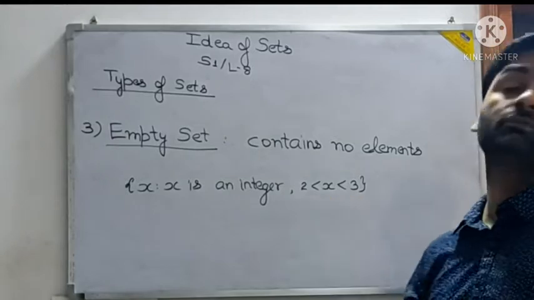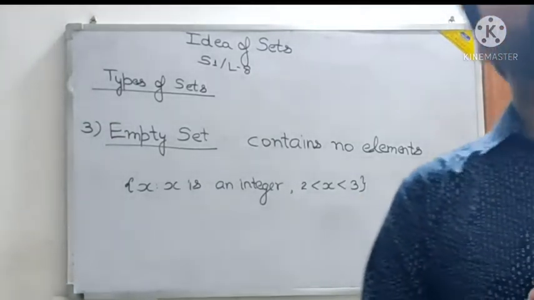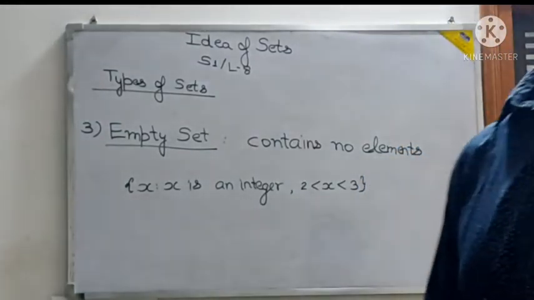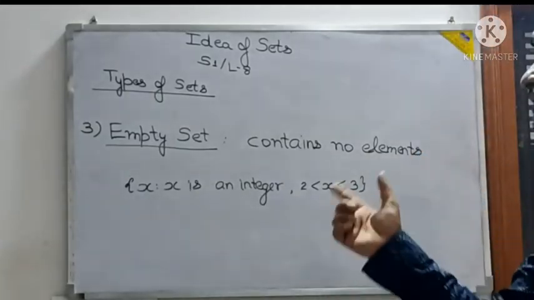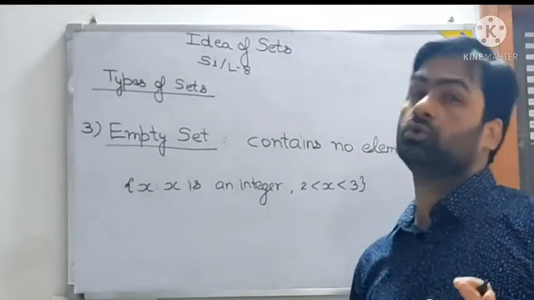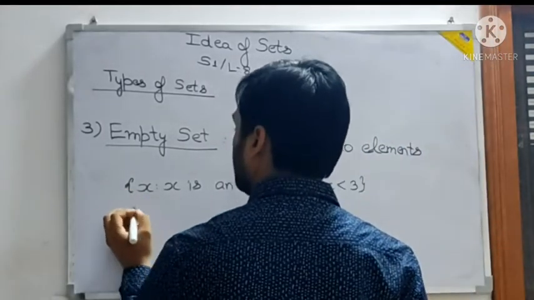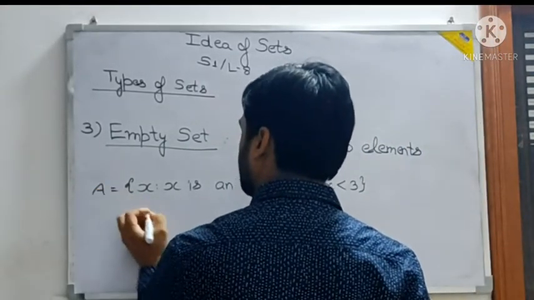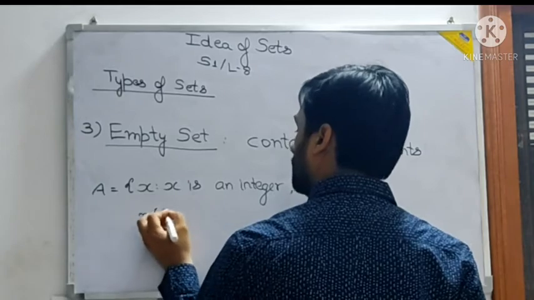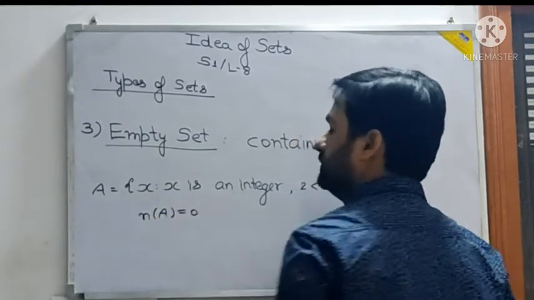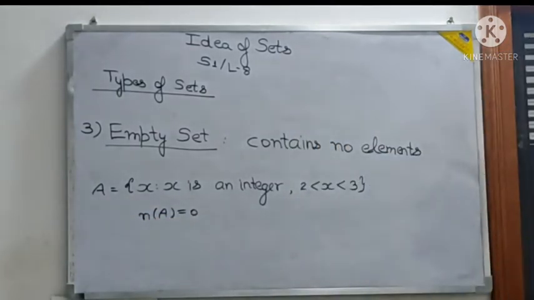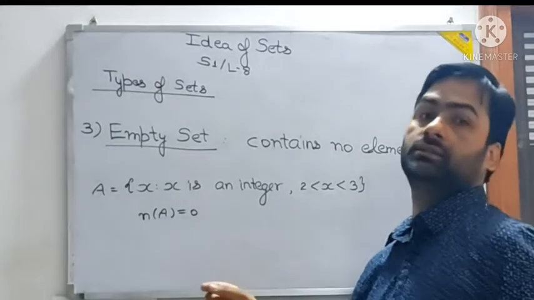Is there any integer between 2 and 3? No. Don't say 2.1, that is not an integer, that is a decimal. So between 2 and 3 there are no integers. Clear? Suppose I write A equal to this, so n(A) equals 0. n(A) equal to 0 means no elements are there.